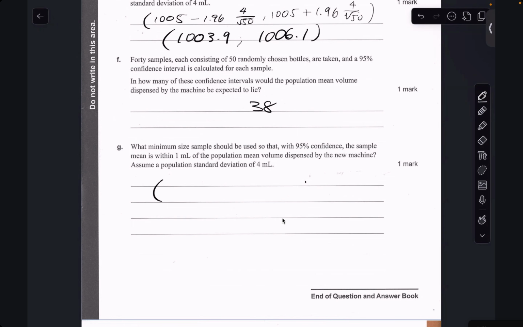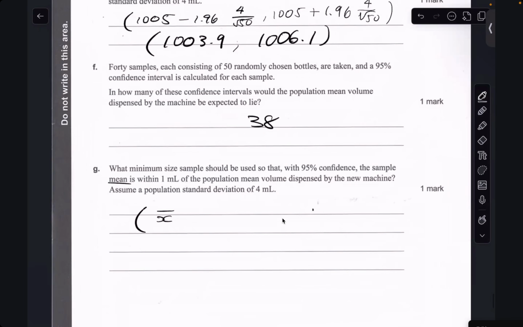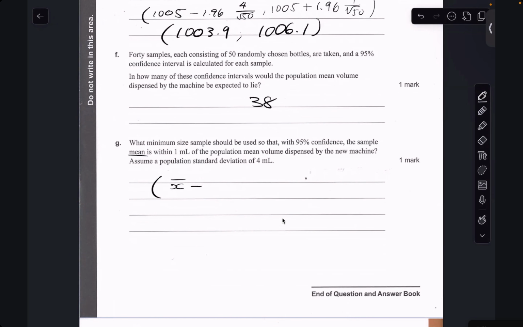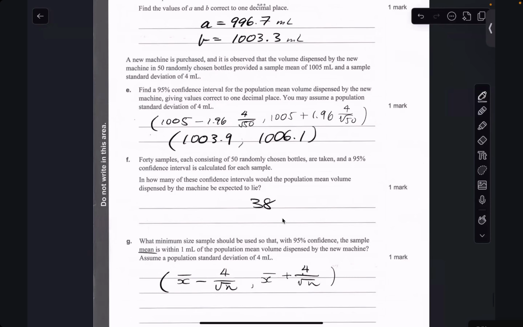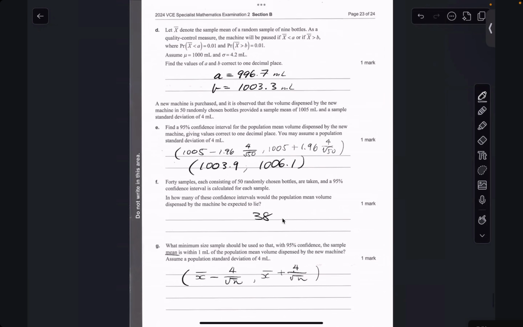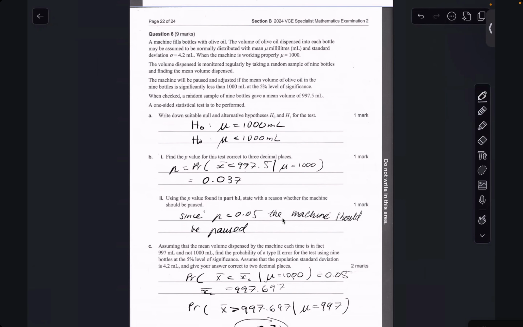So that the sample mean is within 1 milliliter of the population mean volume. What's the population mean? 1000?